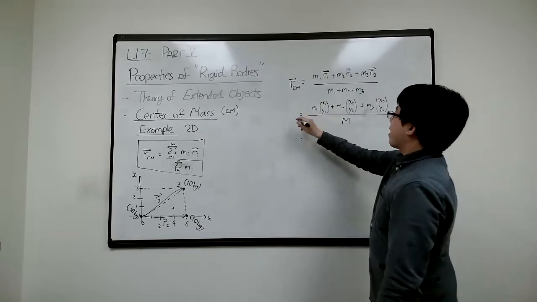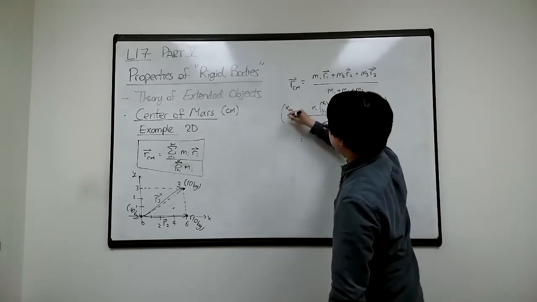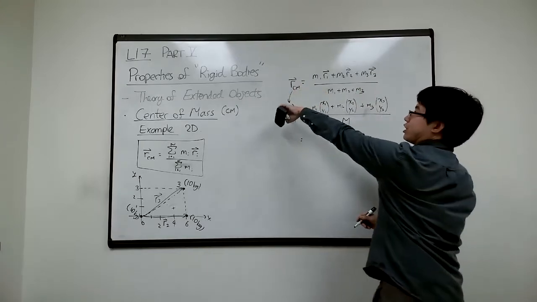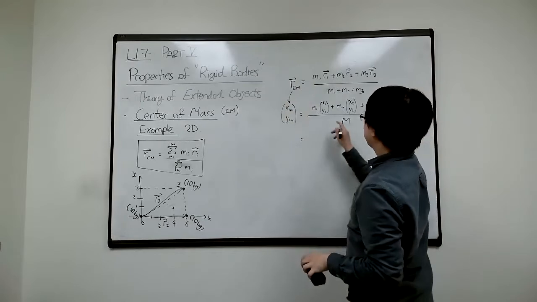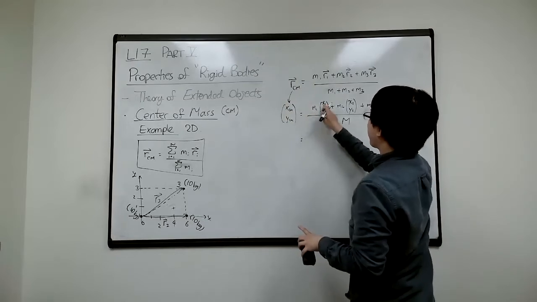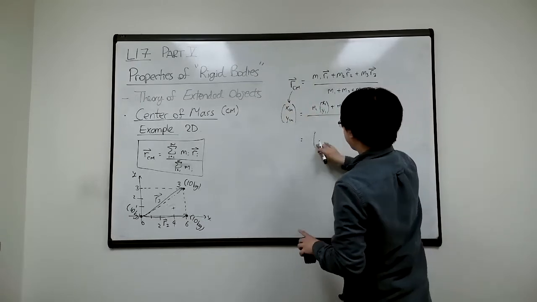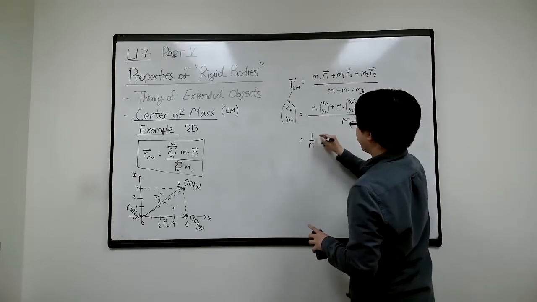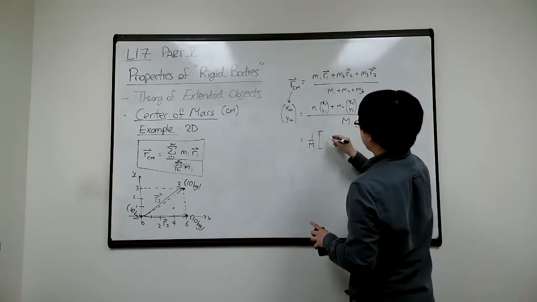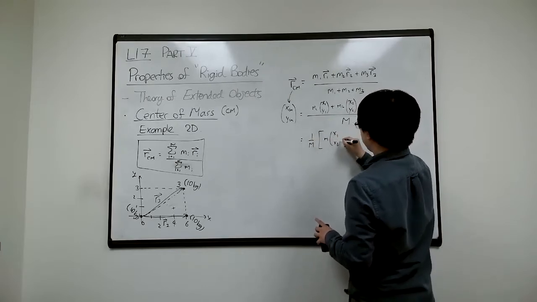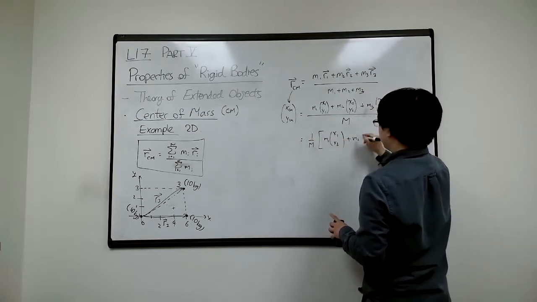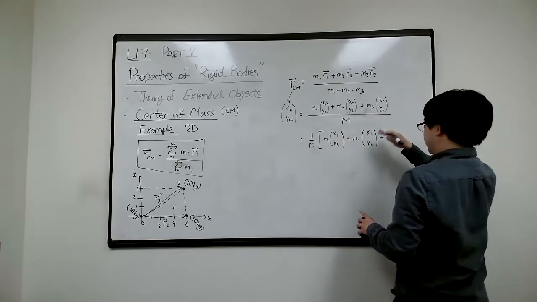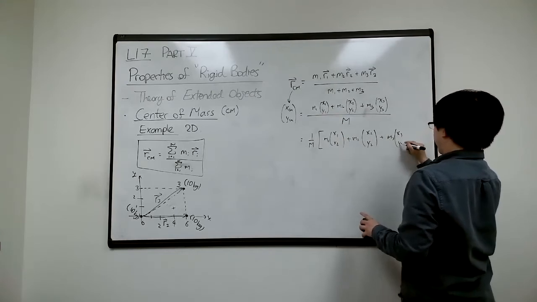So you can see on this side, I can write X_CM and Y_CM. So this is the position vector of this guy, just the X component and Y component. And if I multiply this in, they all have a common factor of 1 over M in front, right? So you have 1/M times M1 (X1, Y1), plus M2 (X2, Y2), plus M3 (X3, Y3).